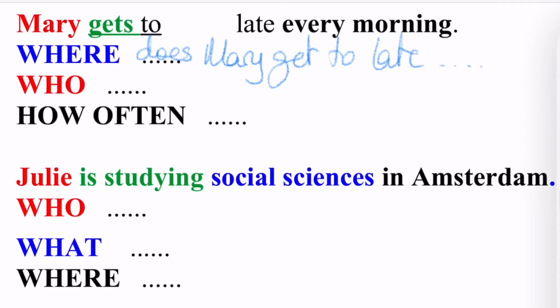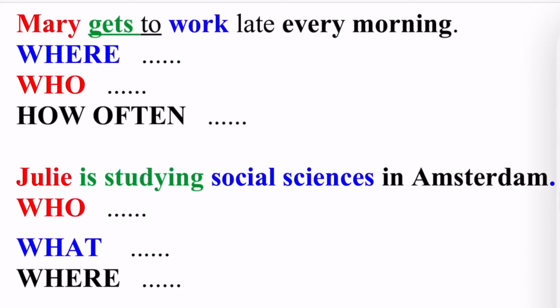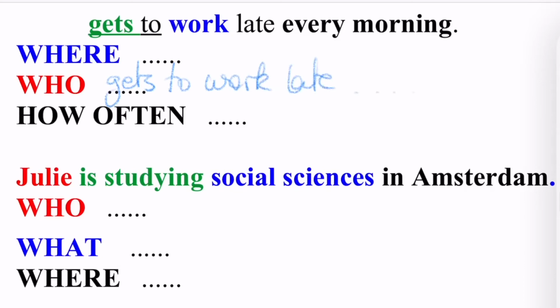Now we can revert, and we know that Mary gets to work late every morning, and now we want to know who. So somebody gets to work late every morning, and we'll ask who. Since we're asking the subject, we'll ask just, who gets to work late every morning?